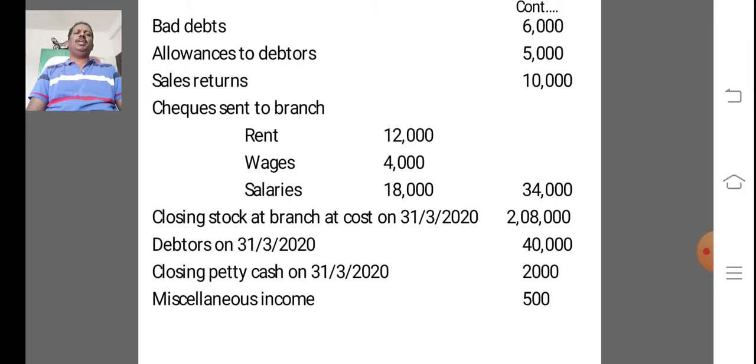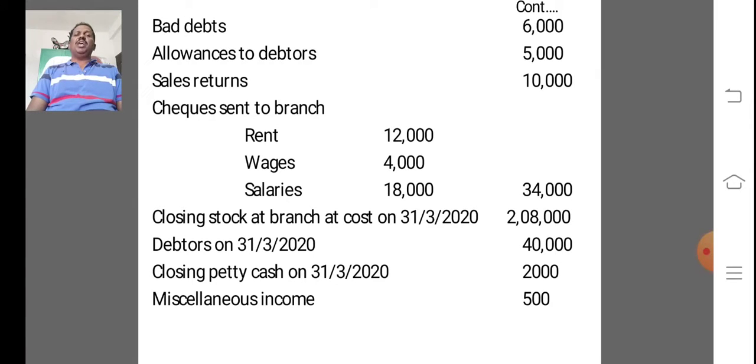allowances to debtors 5,000, sales returns 10,000, cheques sent to branch: rent 12,000, wages 4,000, salary 18,000, total amount is 34,000.